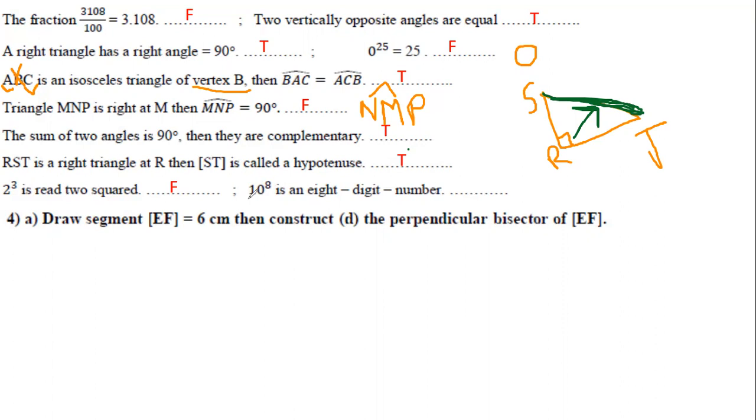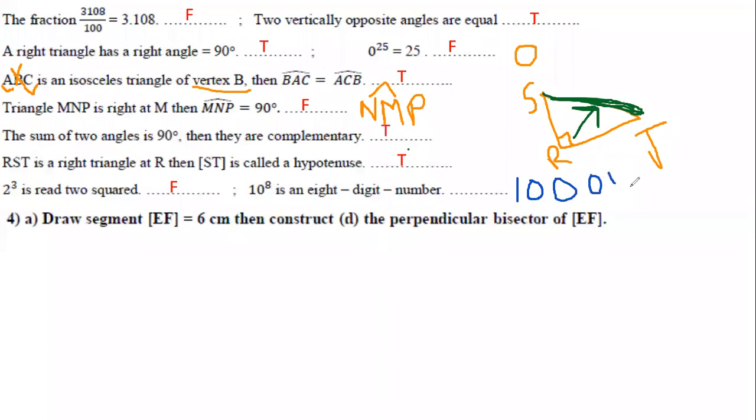You said you have 1 and 8 zeros. So count the digits. 1 and 8 zeros, they become 8 digits or 9 digits? They become 9 digits with the 1. So is it an 8-digit number or a 9-digit number? It's a 9-digit number, so it is false. 1, as you said, it is 1 and 8 zeros.